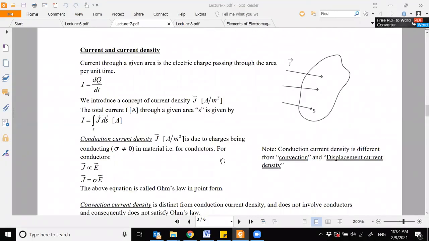So now let's move ahead, and let's define the currents and the current densities.